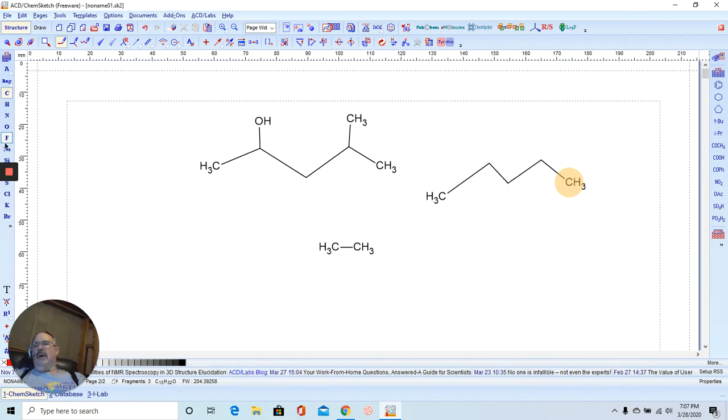So we would have an oxygen here, and then we would have our carbonyl group here. So this is a compound known as ethyl acetate.